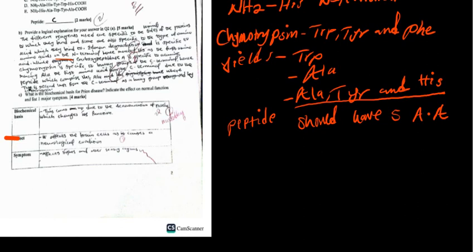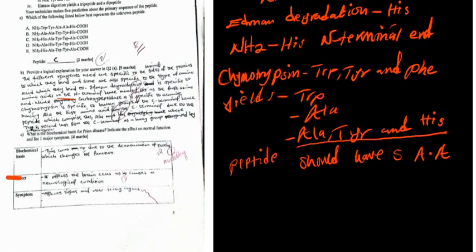Then let's start checking the answers so that we start disqualifying the answers provided here, because we already know histidine should be the first amino acid at the N terminal, and alanine should be at the end, at the C terminal. So let's see the first answer. As you can see, at the N terminal we have tryptophan, which is wrong.